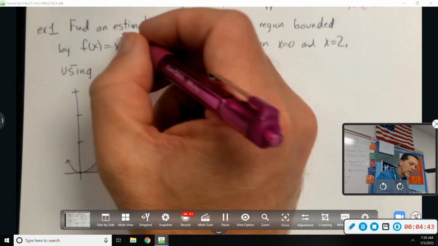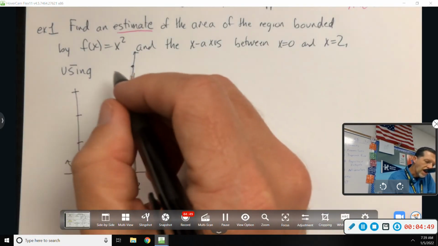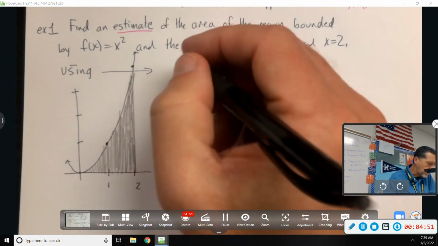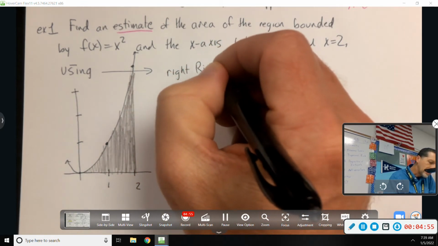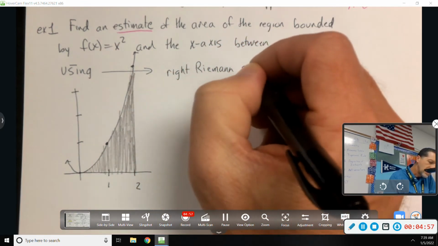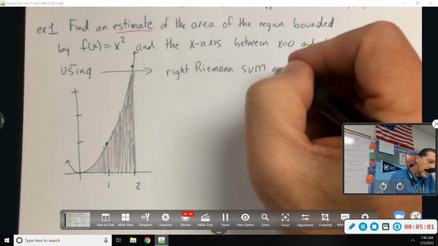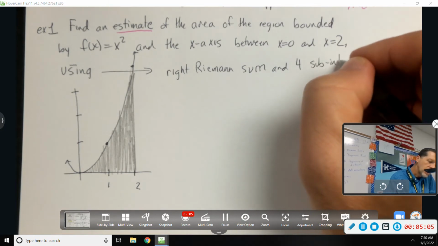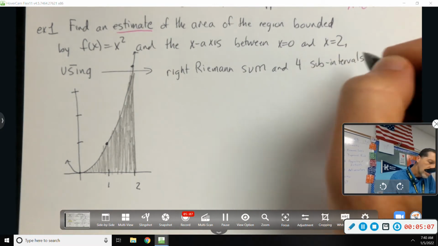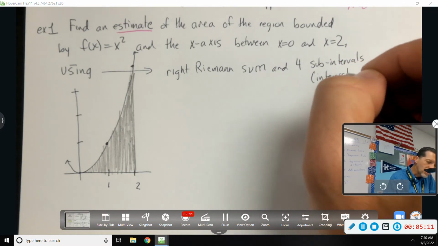There's the exact area between x squared and the x-axis, between x equals 0 and x equals 2. But we want an estimate of that area. And so it will specify how to do that using a right Riemann sum. We'll talk about that in a minute. And 4 subintervals. The books sometimes just say 4 intervals.